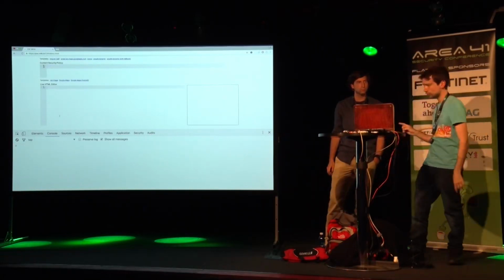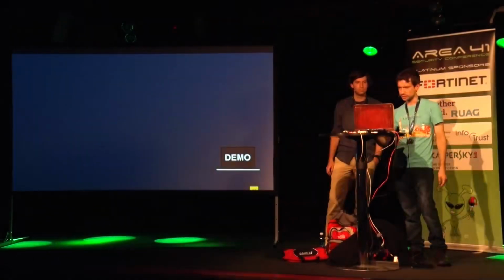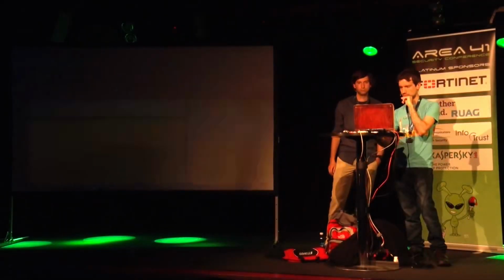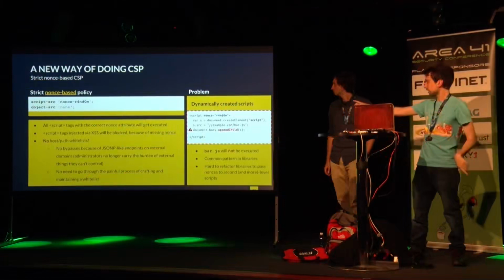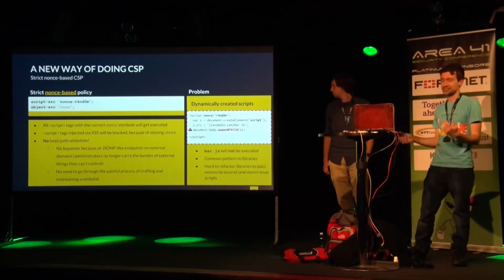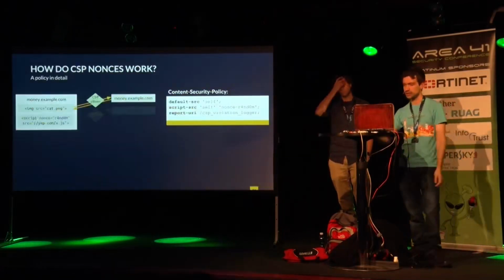I also wanted to show really quick the problem that Lukas hinted at before: dynamically created scripts. For example, a complex widget like Google Maps tries to dynamically load at least 3-4 JS files that are on the same domain.